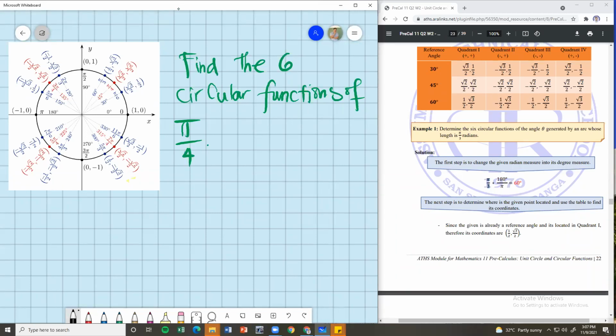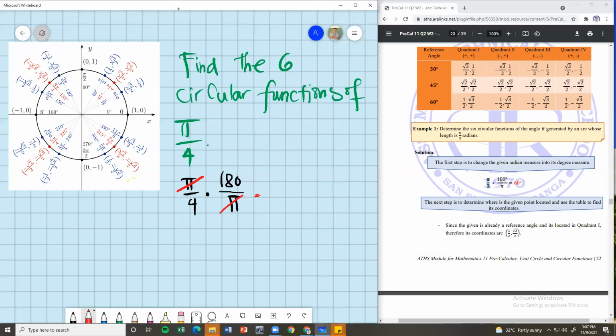Okay? So therefore, pi over 4, I will change it to degree measure. To remove pi, pi should be here, and then 180 on top. See? And then, is equal to 180 degrees divided by 4.